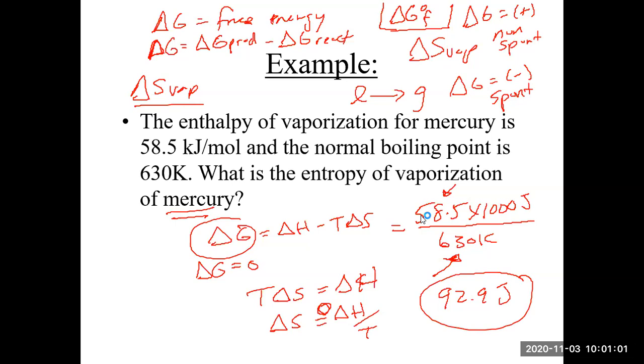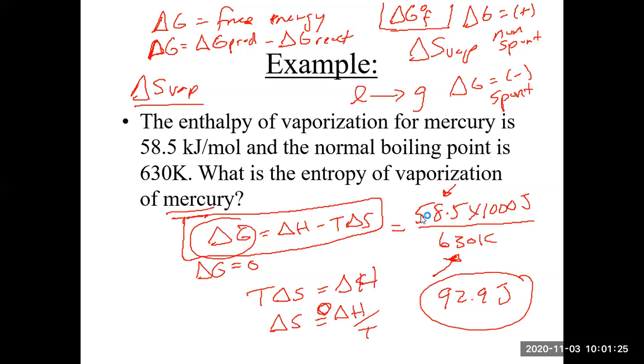Another very common way to calculate delta G is with the equation delta G equals delta H minus T delta S. Delta H is our enthalpy, which is the heat of our reaction, delta S is our entropy, and T is our temperature in Kelvin.